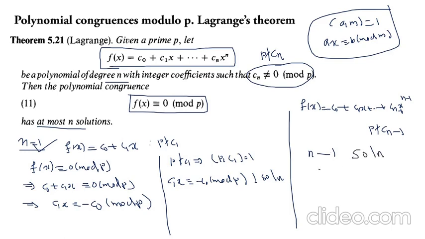We assume this condition. Now we have to prove that the result holds for n also, that is, if we take a polynomial with degree n and with this condition, then this congruence has at most n solutions.